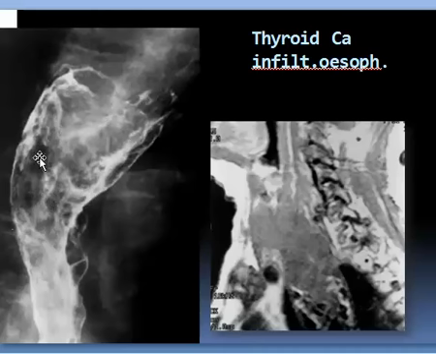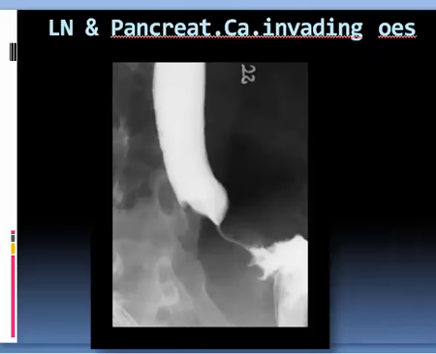So a thyroid carcinoma can invade, and esophagus can be invaded by masses from outside. And here is another tumor, which is here pancreatic carcinoma, invading the esophagus by masses and by lymph node enlargement.